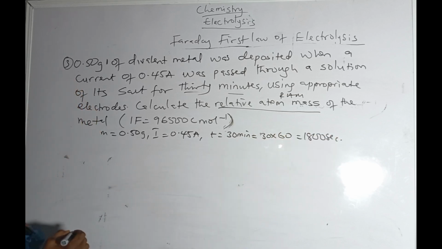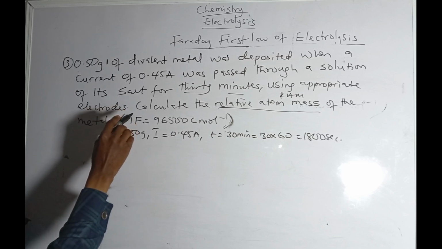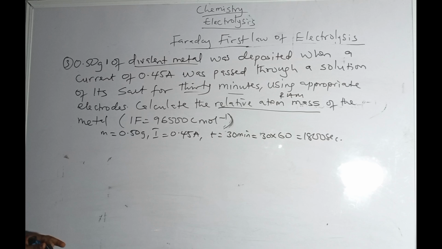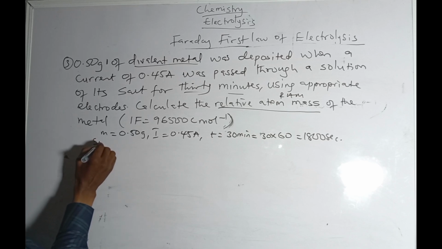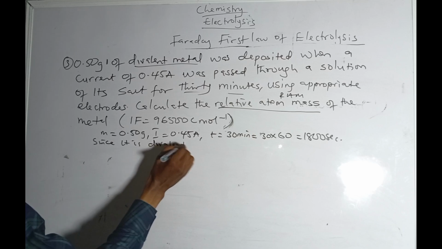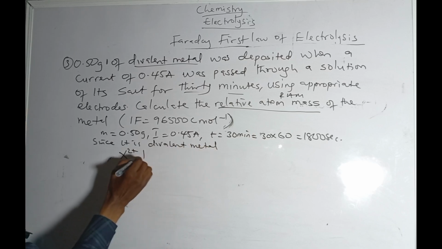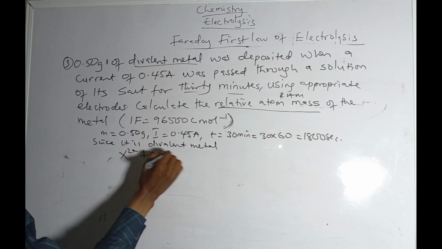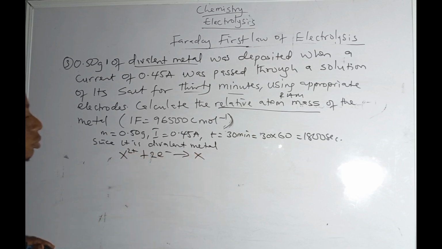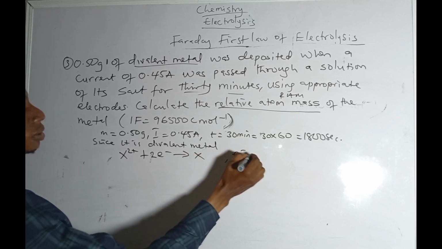Now, the element is not mentioned. It's a divalent metal. So since it is divalent, let's say X2+ plus 2e- gives us X. The name of the metal is not mentioned, so I use X to represent it. That means the E minus now is 2.